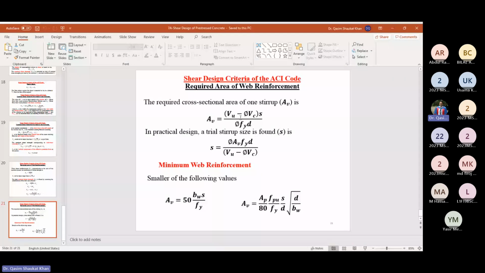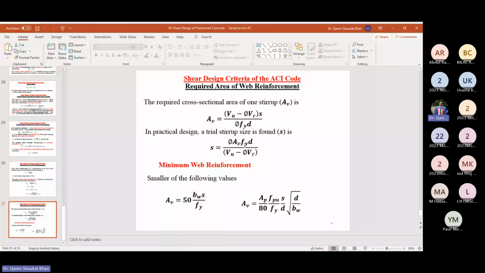So in practice, a trial stirrup size is used to compute s, the spacing. So phi into the area of the stirrup. Generally, you know that the diameter of the stirrup is taken as 9.5 to 15, so commonly we take 9.5 or 12.7 millimeter diameter. So we can calculate the area of one stirrup into the yield stress.